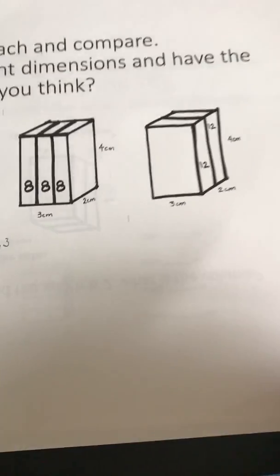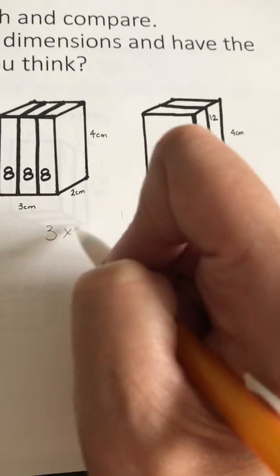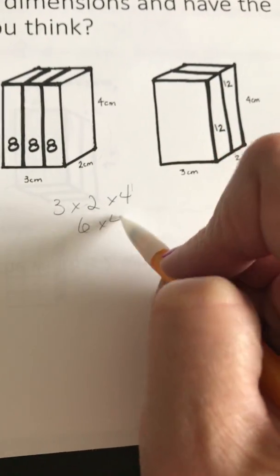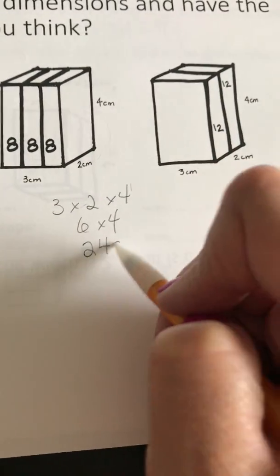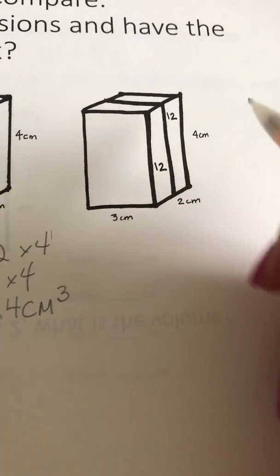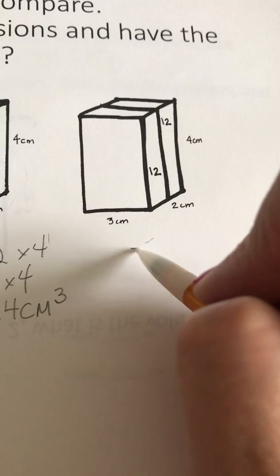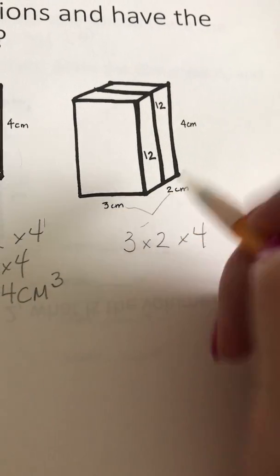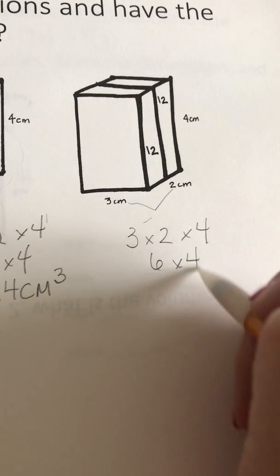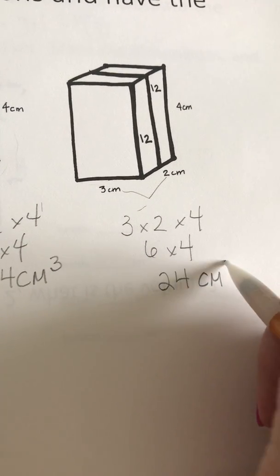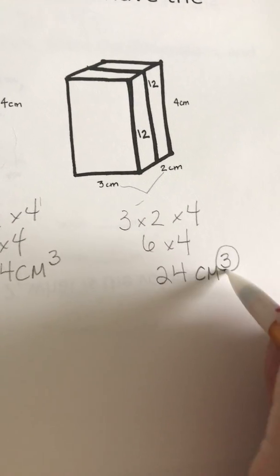Let's look at these two. 3 times 2 times 4. 6 times 4 is 24 centimeters cubed. And look at this one. 3 times 2 times 4. 6 times 4 is 24 centimeters cubed.